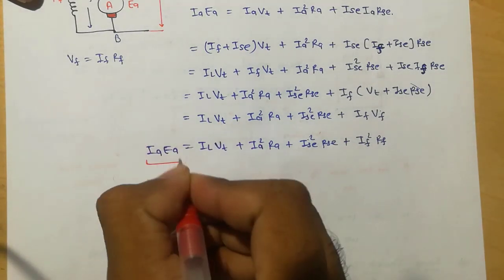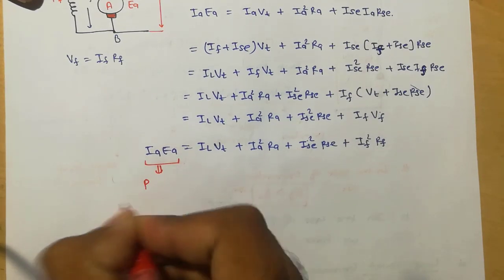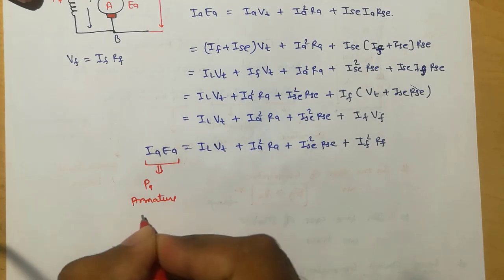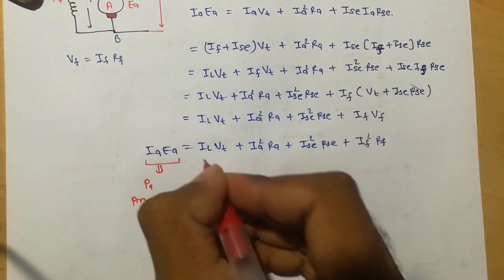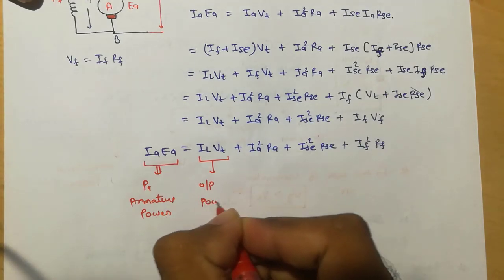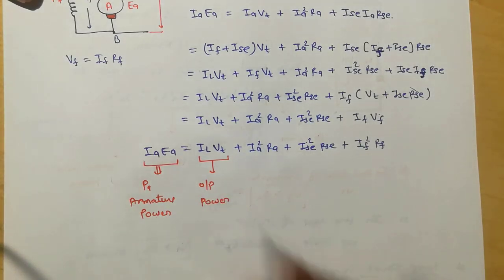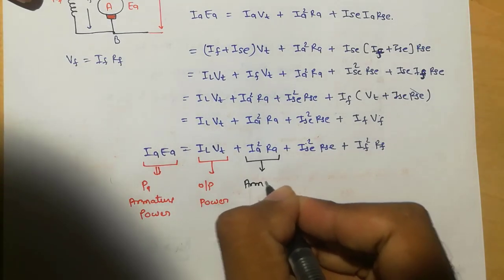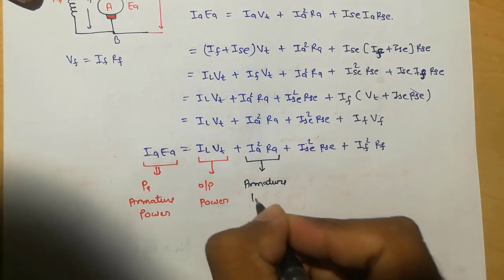So here this is our armature power Pa. This is our output power. This is our armature losses.